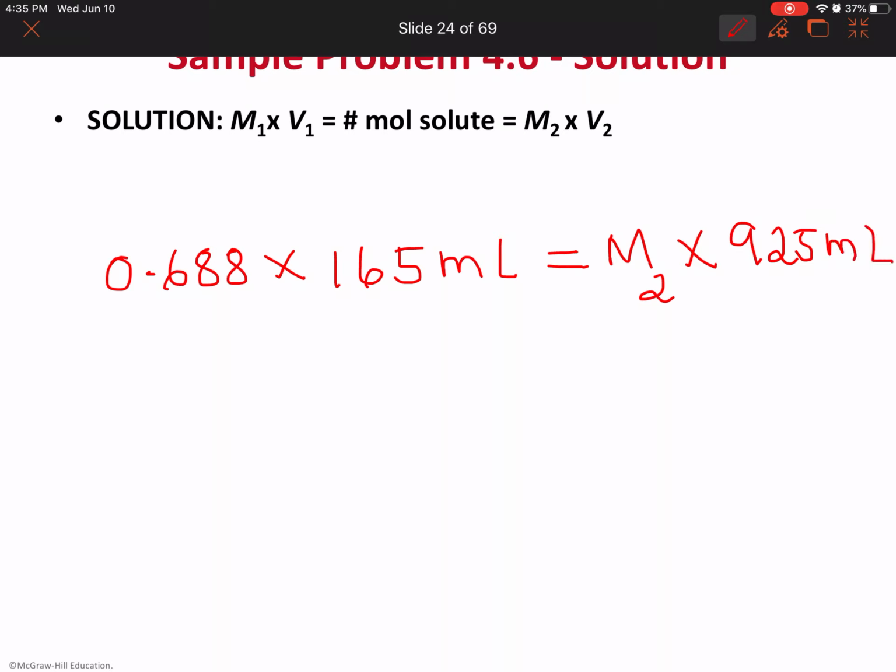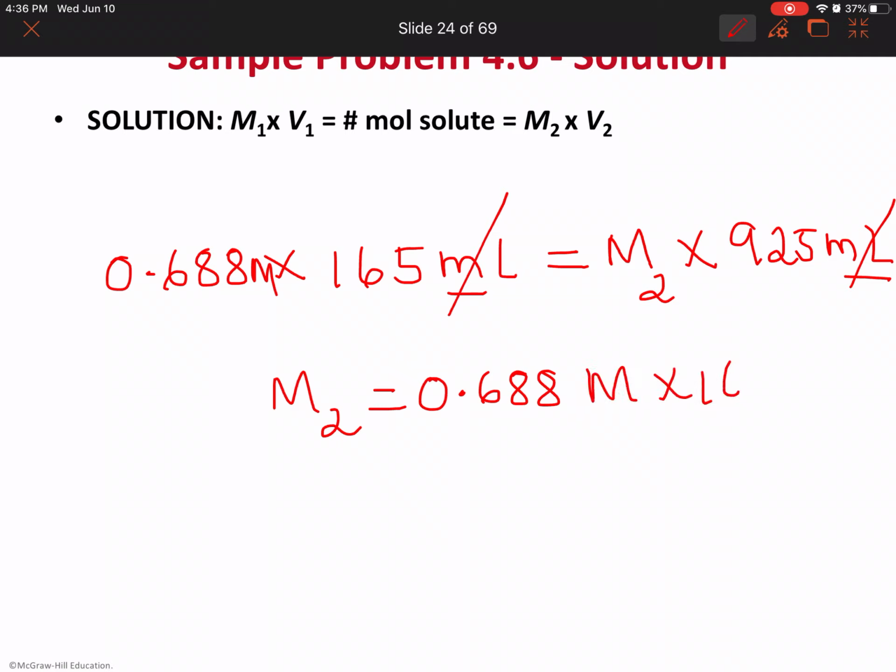Now in a dilution equation, if you have the same type of units, you don't have to convert to liters because the units are going to cancel anyway. So M2 is going to be 0.688, this is the molarity, times 165 over 925.